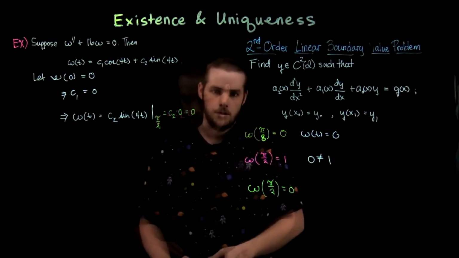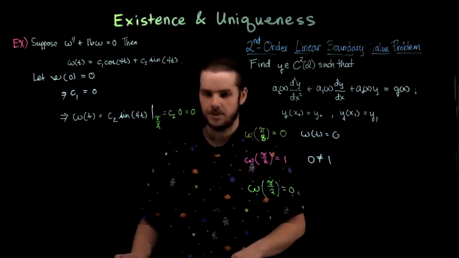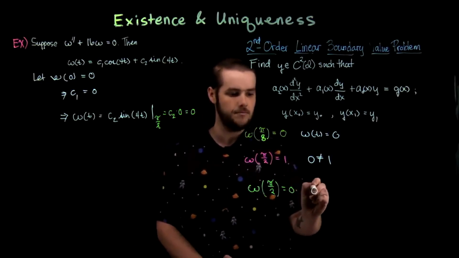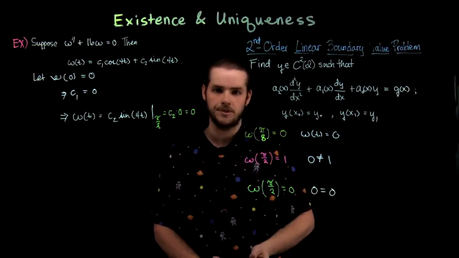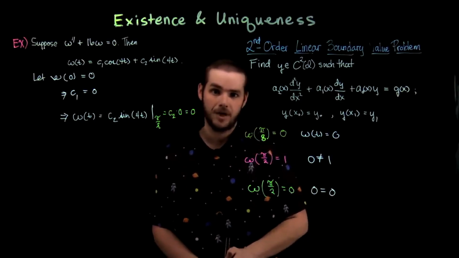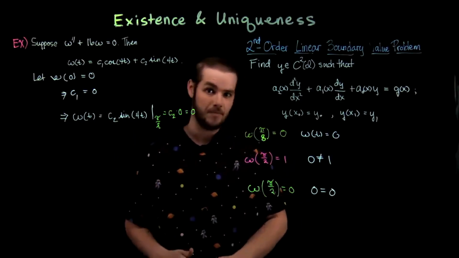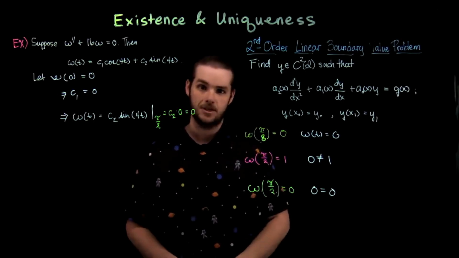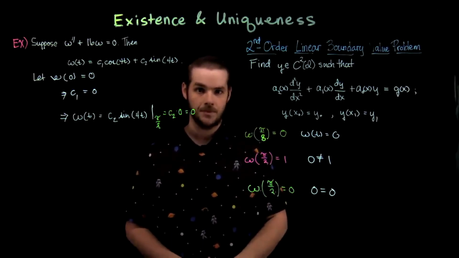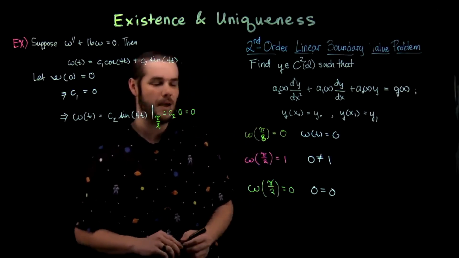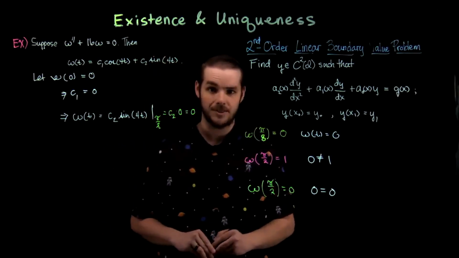One more go? Well, if I just change the output I'm supposed to get to 0 in this third case, well, then I get the statement that 0 equals 0. Wow, how cool. But what that means for the solution is that c2 didn't matter. Any value of c2 is a solution. So what we see here is that different boundary conditions give wildly different results.